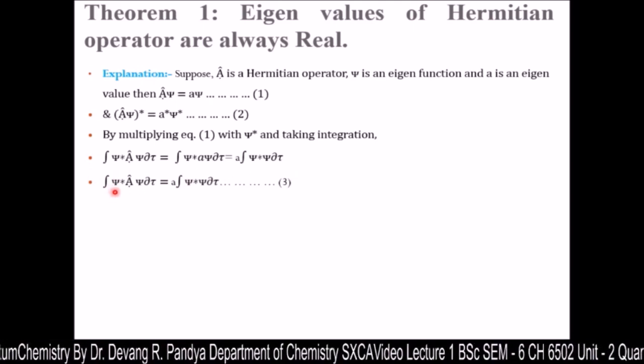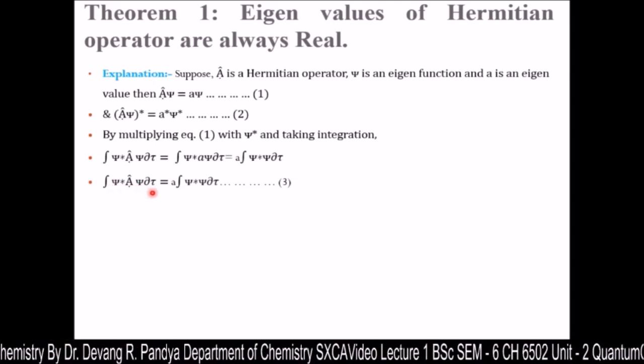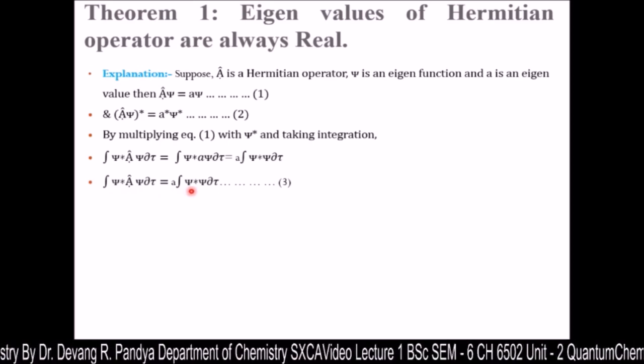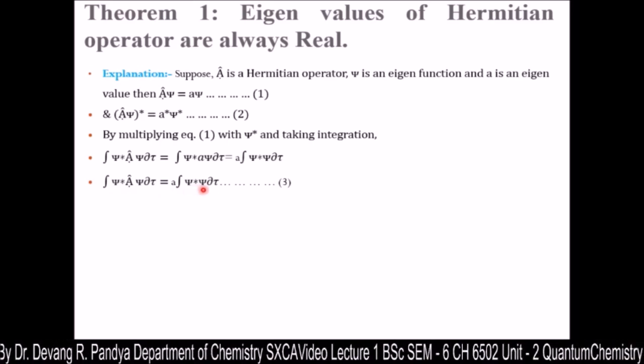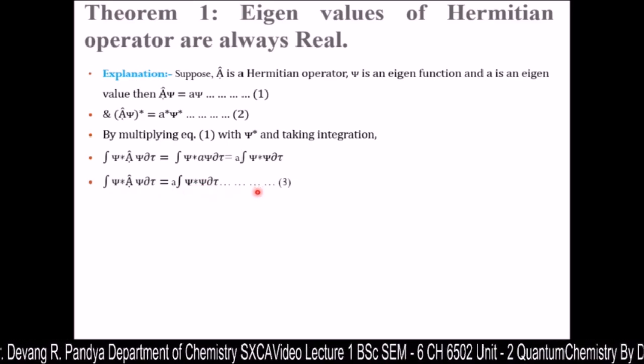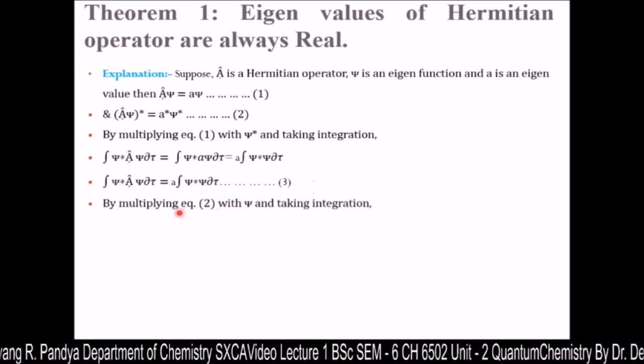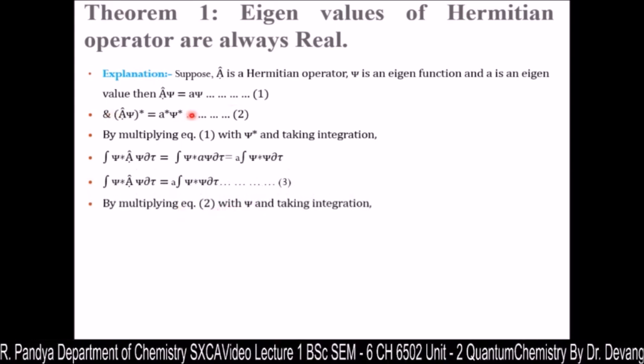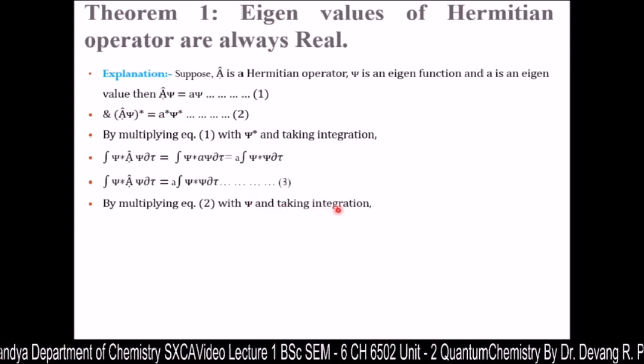Now ∫ψ* Aψ dτ is equal to A ∫ψ*ψ dτ. That is equation number 3. By multiplying equation number 2 with ψ and taking integration, we get ∫ψ (Aψ)* dτ.